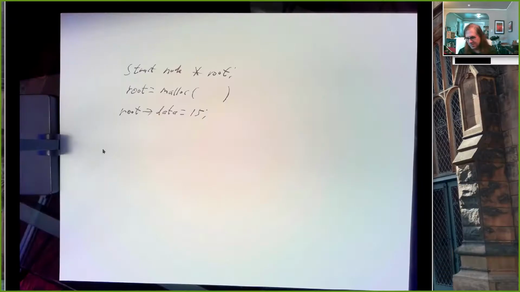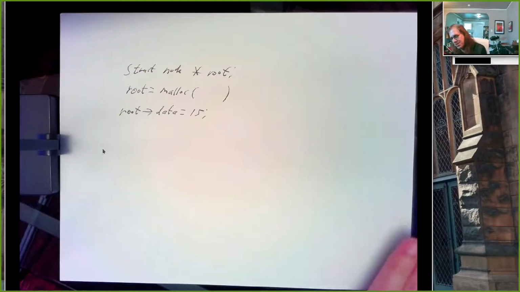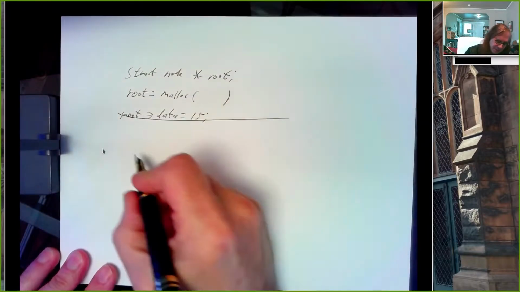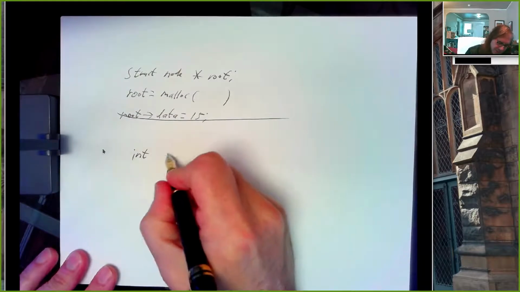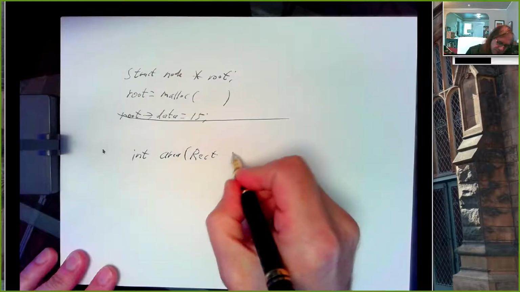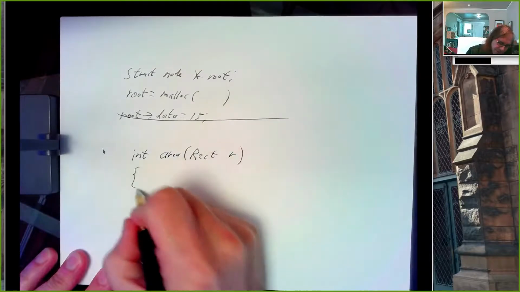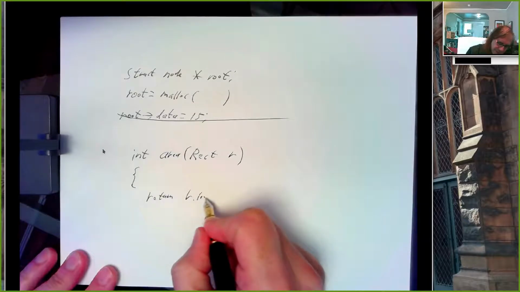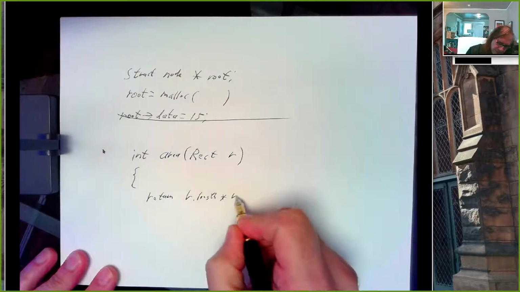And let me remind you what we would probably do in C, and this is not what we're going to do in Java. In C, we would make something like integer area, which takes an argument which is a rectangle R, and we'd return R dot length times R dot height.